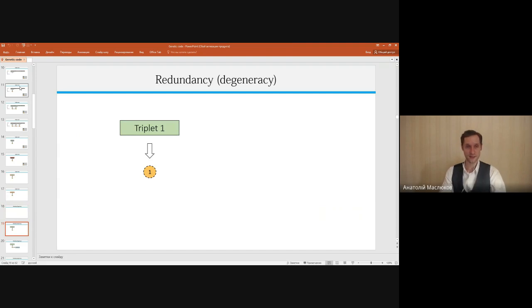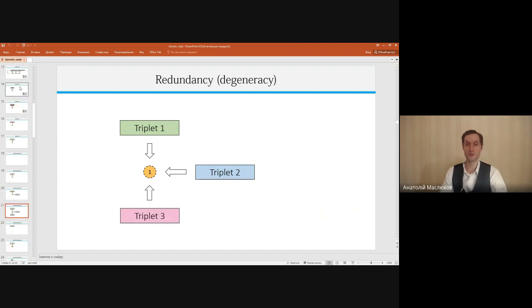Let's imagine that there is a triplet, for example, triplet 1, a specific triplet of nucleotides, and this triplet encodes a specific amino acid. The trick is that the same amino acid may be encoded by another triplet of nucleotides, and yet another triplet of nucleotides can give us the same amino acid.